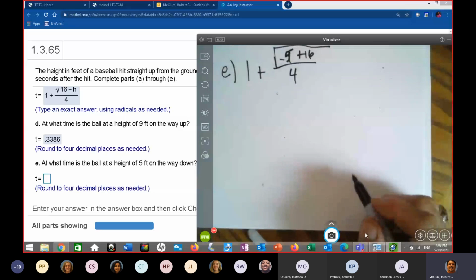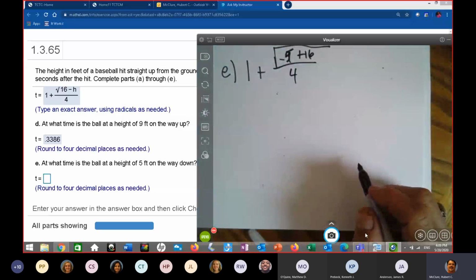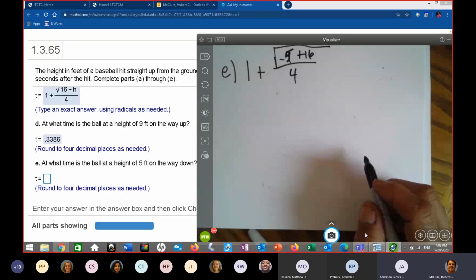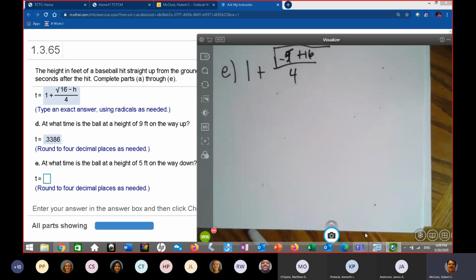Somebody, negative 5 plus 16 is 9, isn't it? No, it's not. Is it 11? 11. Thank you. The square root of 11 is what, 3.3? Somebody give me the square root of 11 to 4 digits, please.